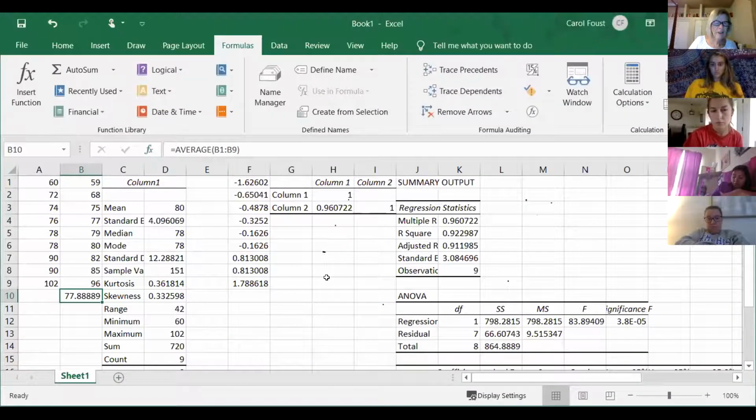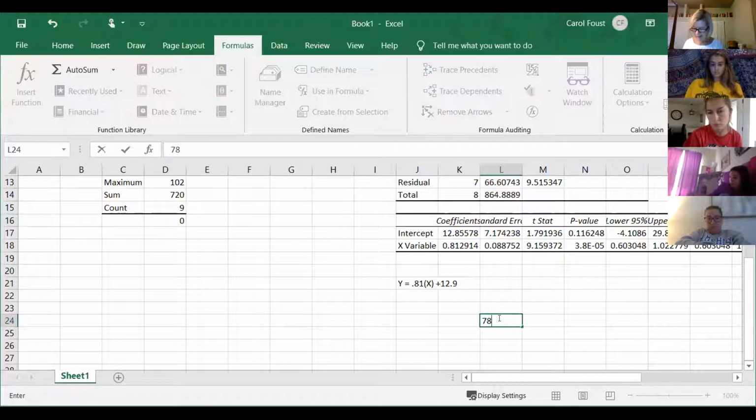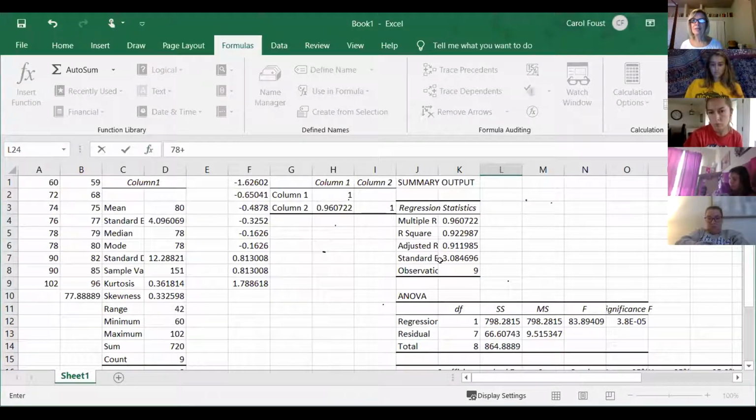Okay, so the average of the final is about 78. If I wanted to predict the error on the final, I could do 78 plus the error times 2, and the error was about 3.